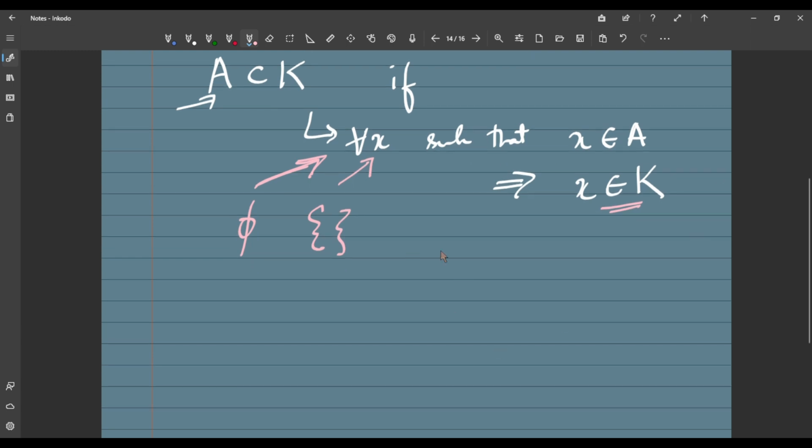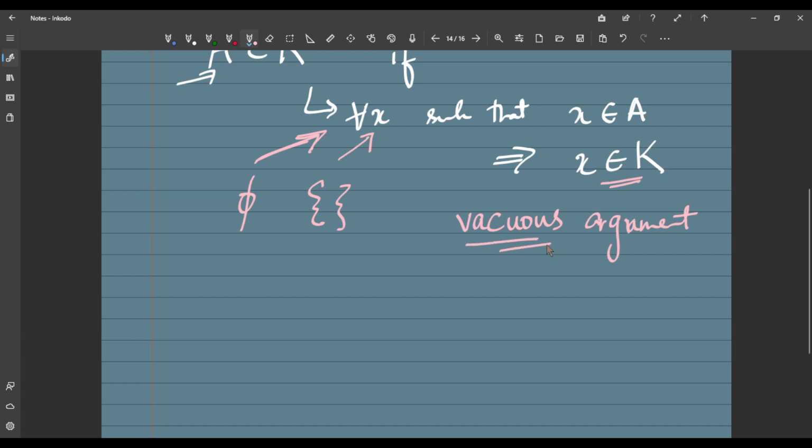This type of argument, the argument that I just gave, might be new to you. You can listen to it multiple times again, but this is called a vacuous argument. I'm not sure about the spelling.